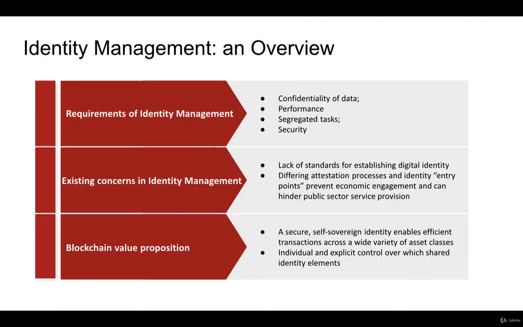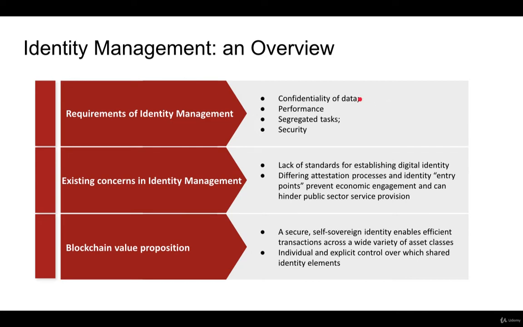So let's first look at the various aspects of identity management. What is the need for identity management? The requirements for identity management include confidentiality of data, but performance should be there. It should not happen that we take a long time to actually get the data. Then the tasks will be segregated.